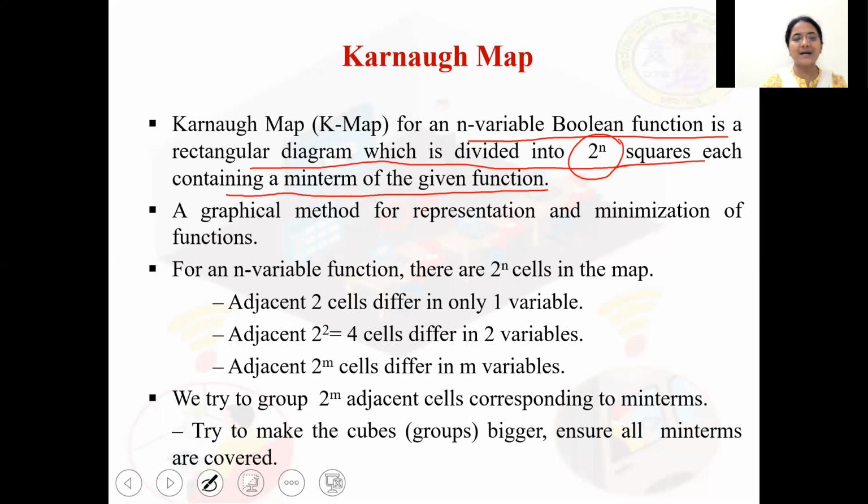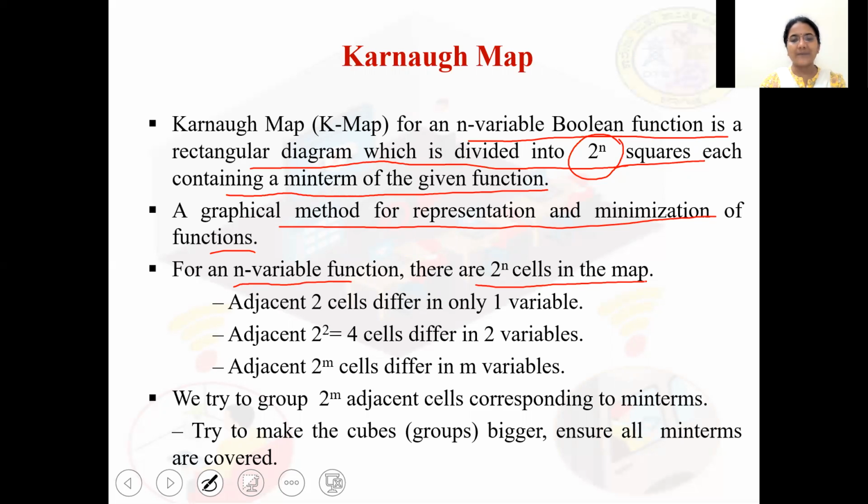So the K-map is a graphical method for representation and minimization of functions. And if your function is n variable, there are 2 power n cells in the K-map.